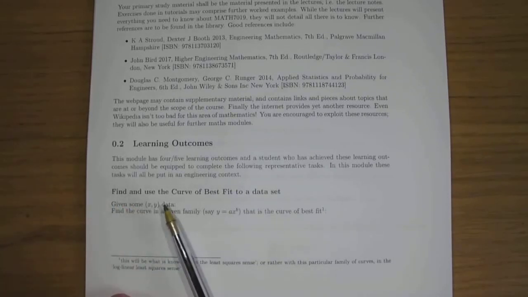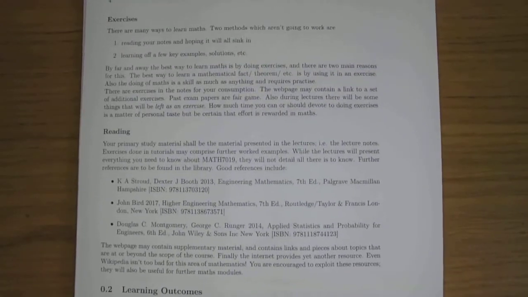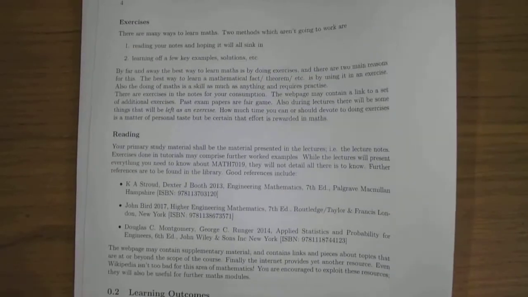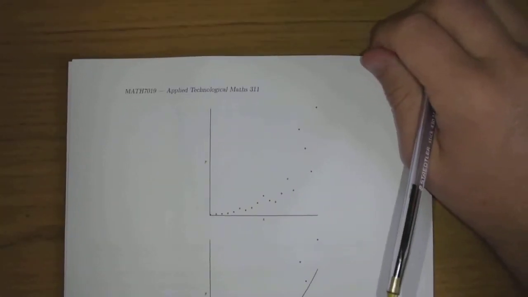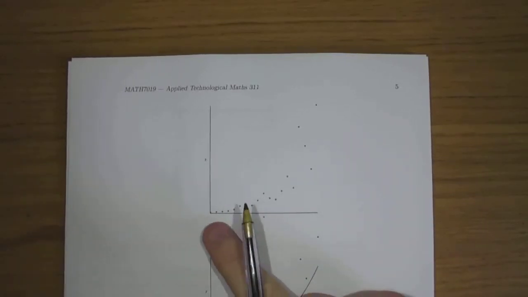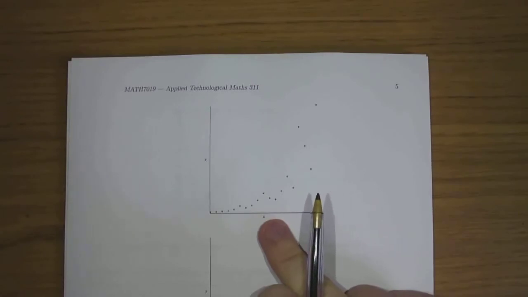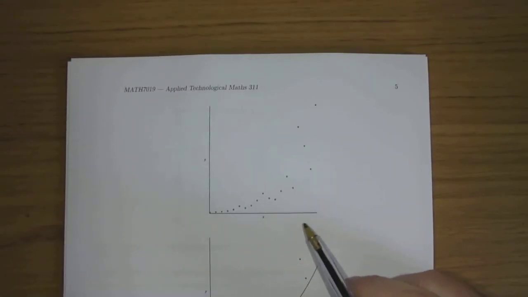The first is to find and use the curve of best fit. Let's see some data on the next page. Here we have some data. These typically come from a measurement. Usually the x is something that we control. Maybe these are properties of a beam, and this could be the length of the beam, so you control the length.